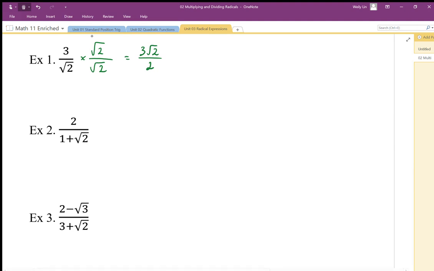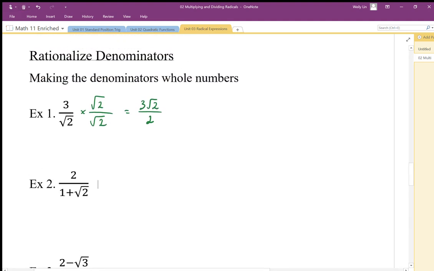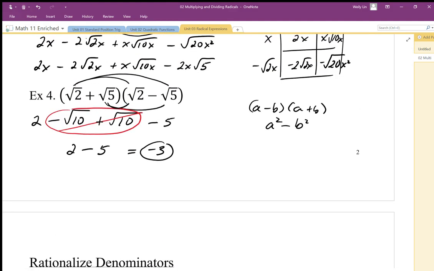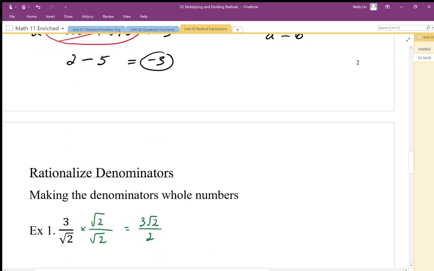This strategy involves using a conjugate. When I have a binomial radical, the conjugate allows me to get rid of the square root by having a squared term and a squared term.